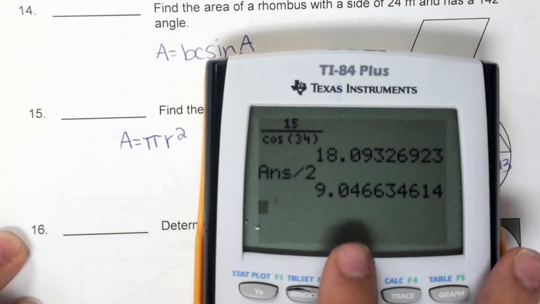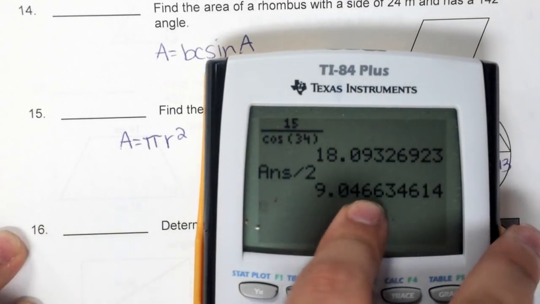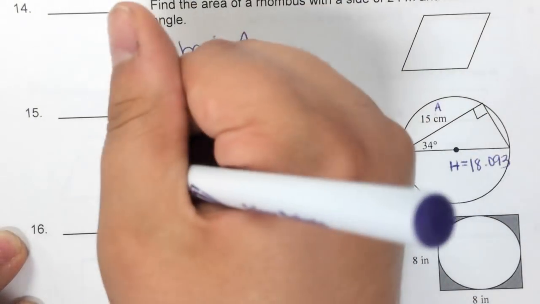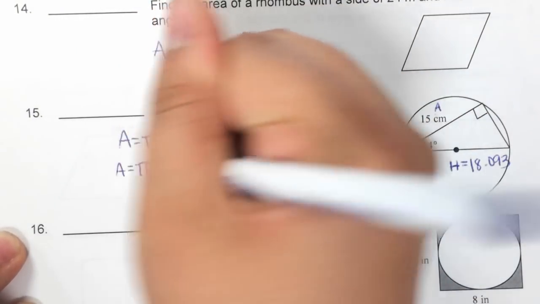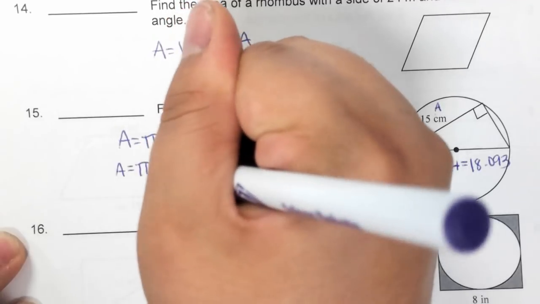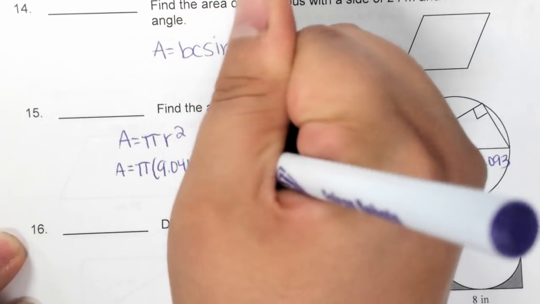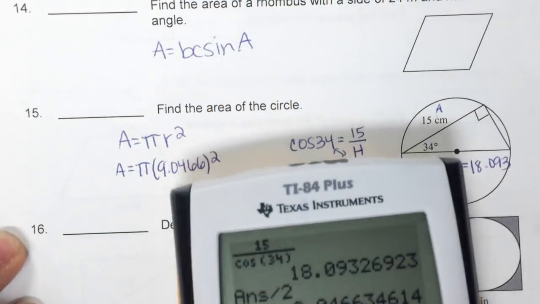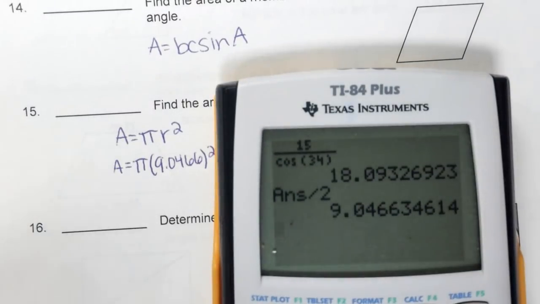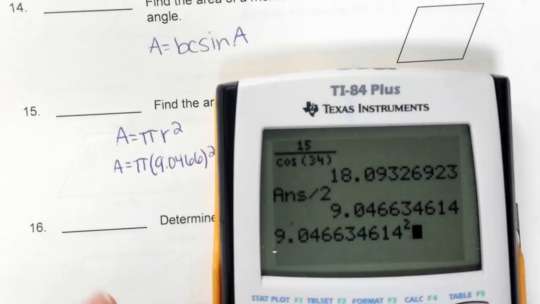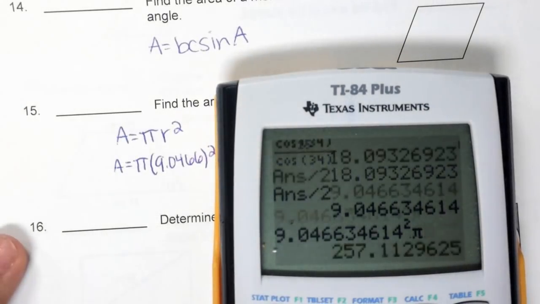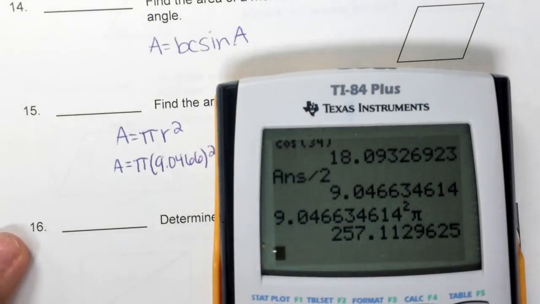So my radius is 9.0466. So here, pi times 9.0466 squared. I'm going to accept a decimal on this one. So I'm going to square it and then times pi. That gives me 250.